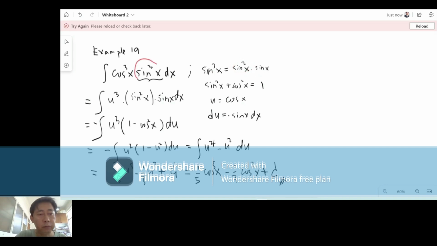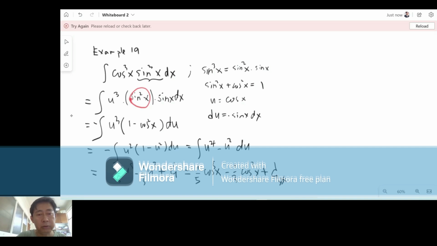Here we choose to break the sine cube into the product of an even power and a linear power. Since we choose to break sine cube into the product of sine square and sine, then we'll choose to replace cos x by u. Then rewrite cos cube as u cube and sine cube x dx as the product of sine square x and sine x.